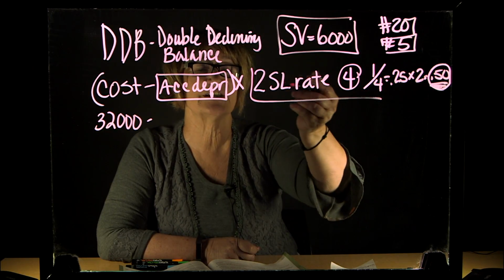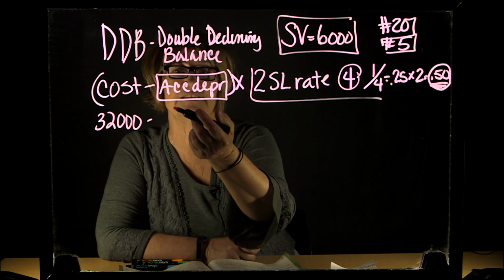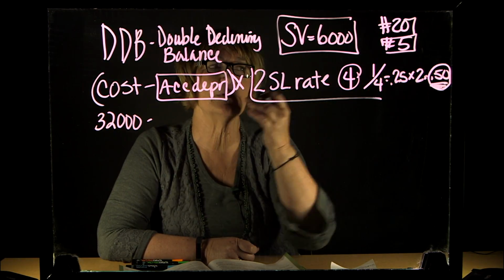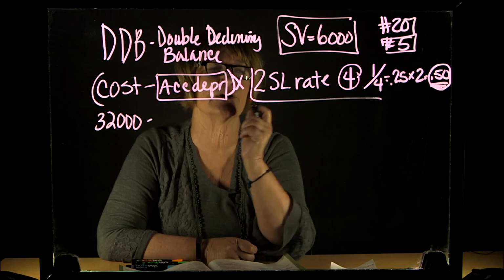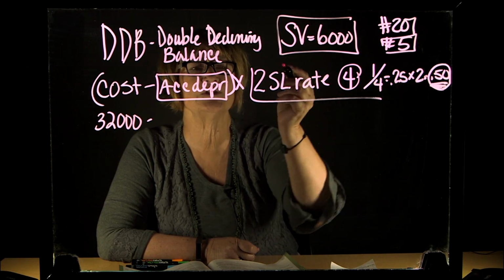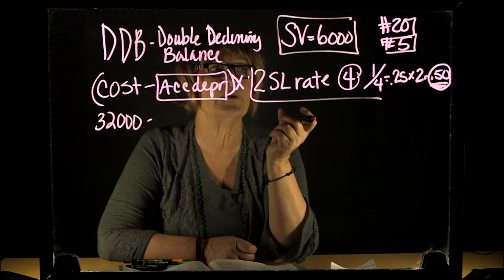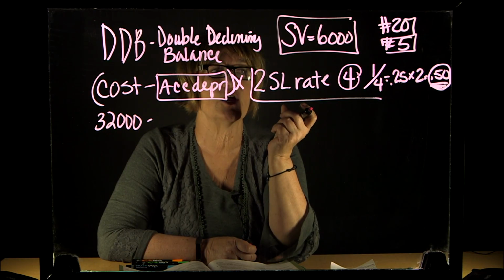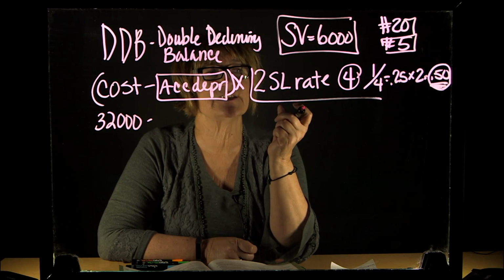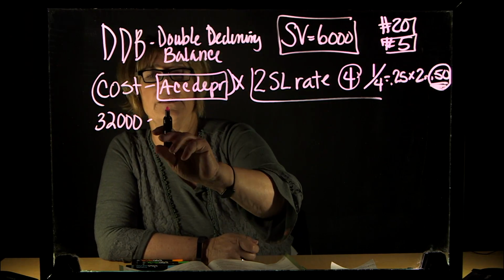You can certainly just divide this by 4 and then double it each time, but that's very cumbersome. If you come up with a rate, it's a lot easier. So this means that if we used the straight line rate, we would basically be depreciating 25% a year for 4 years. In this case, it's 2 times the straight line rate.